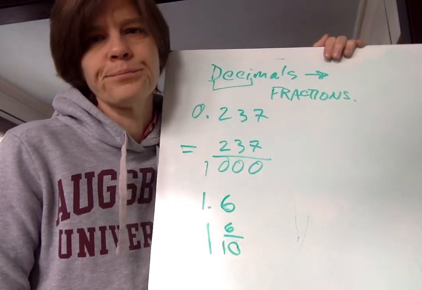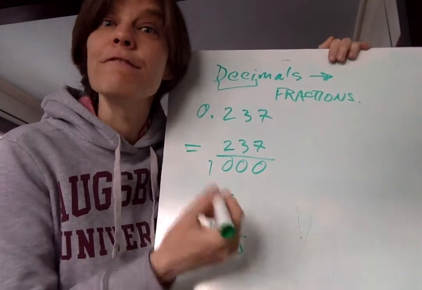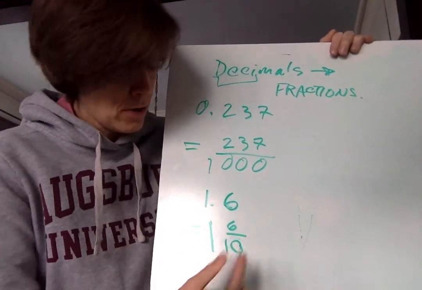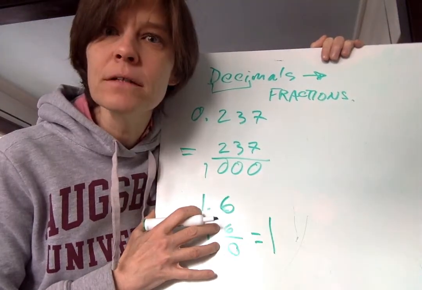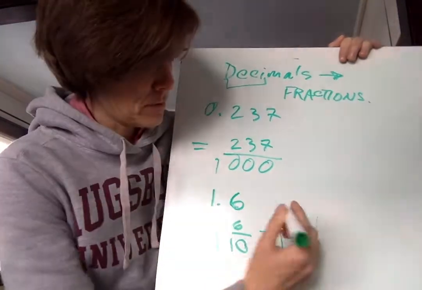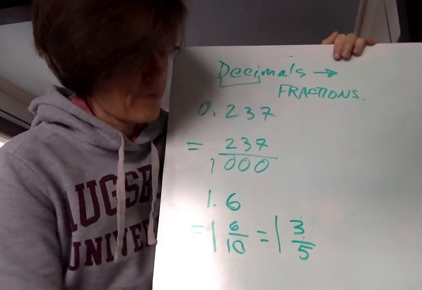I can reduce this. 6 and 10 have a common factor. We talked about factors, right? They're both divisible by 2. 6 divided by 2 is 3, 10 divided by 2 is 5.